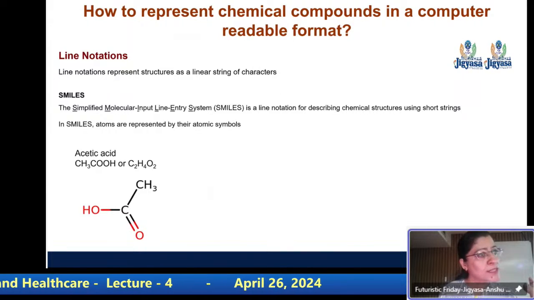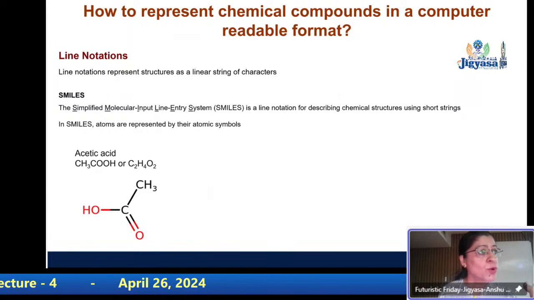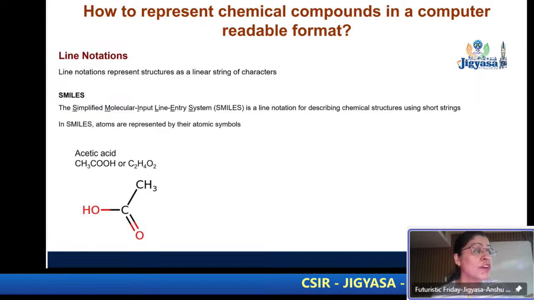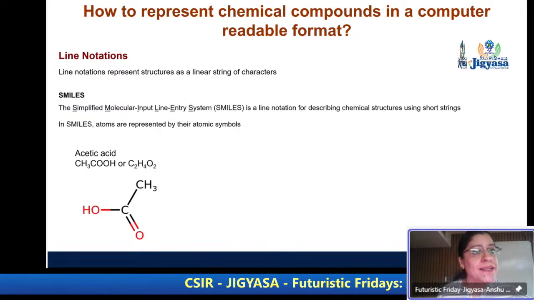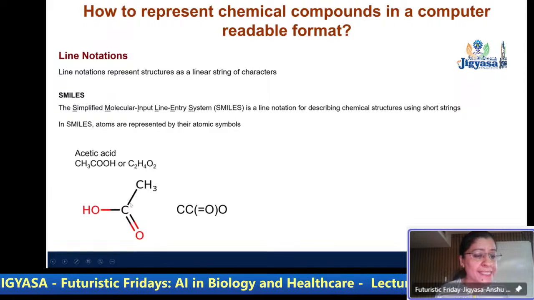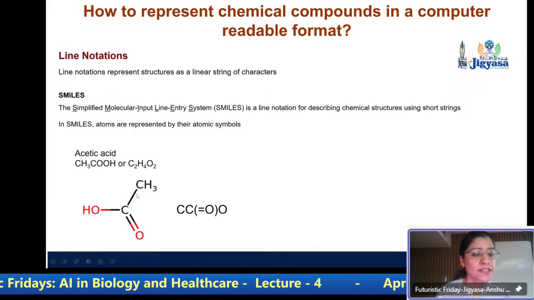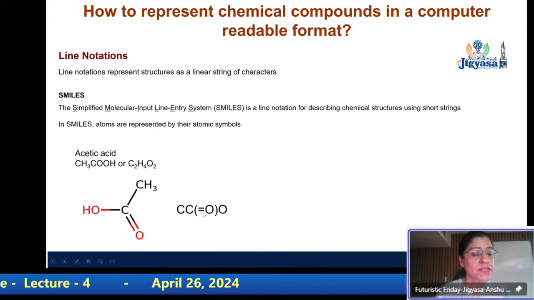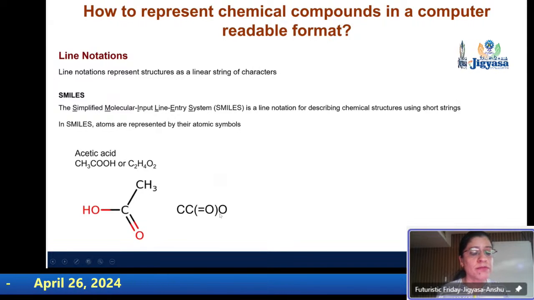Is the molecular formula correct? Very good. So what I'm saying is, the computer cannot read this structure. It has to be converted into something it can read. So you convert this structure into a SMILES. How do you do that? Very simple. It is like C connected to CH3, C connected to double bond O, C connected to OH group.